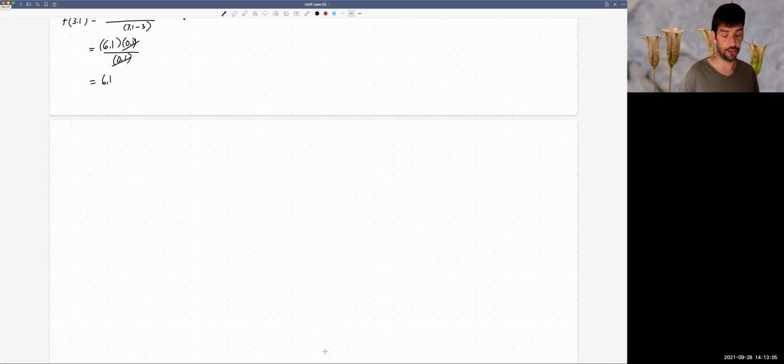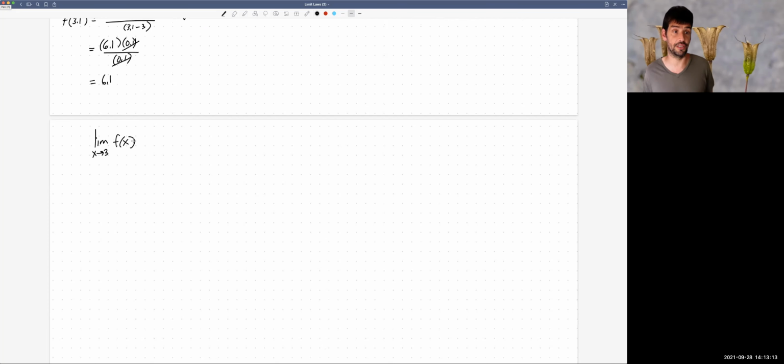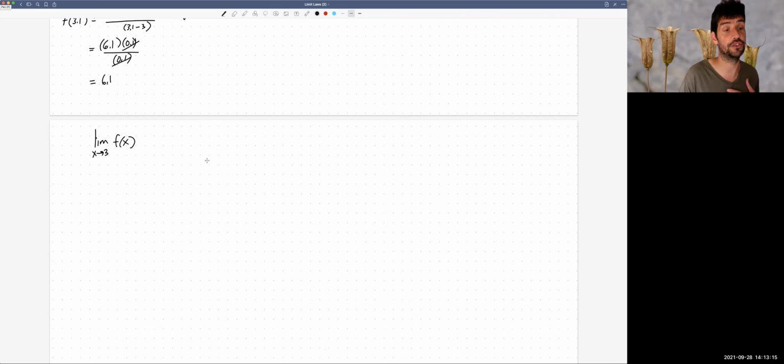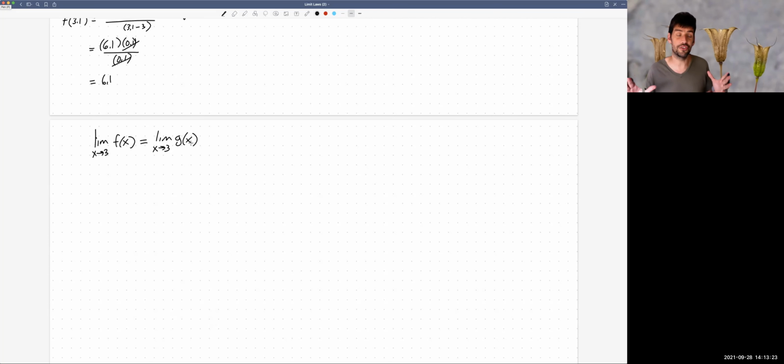In other words, the limit as x goes to 3 of f of x, which we didn't know how to do because we had a 0 in the denominator and none of our rules told us what to do, should be the same as the limit as x goes to 3 of g of x, because they do the same thing near 3.